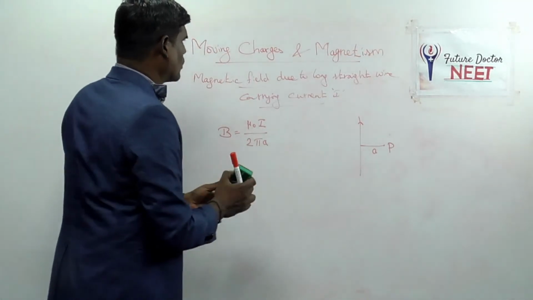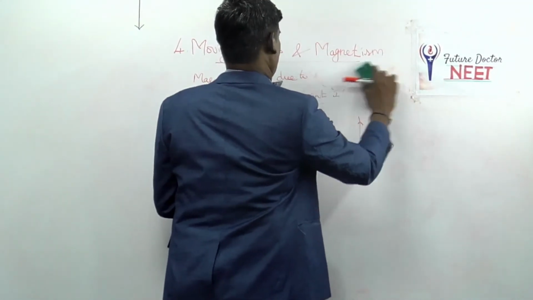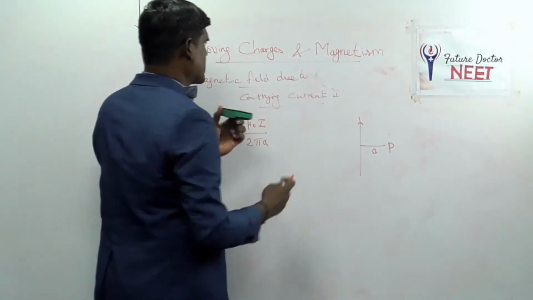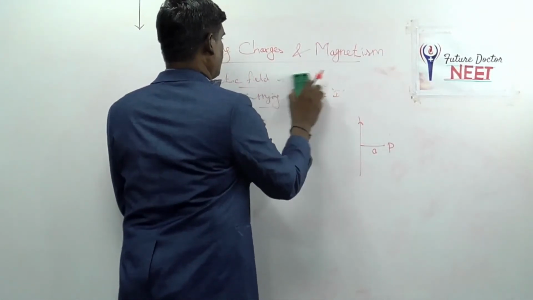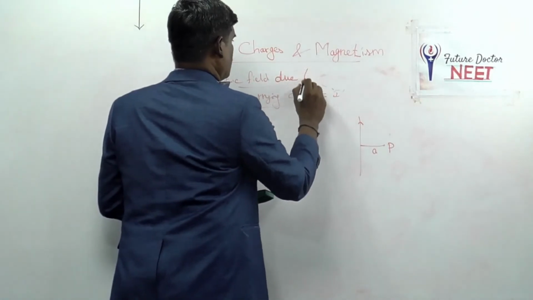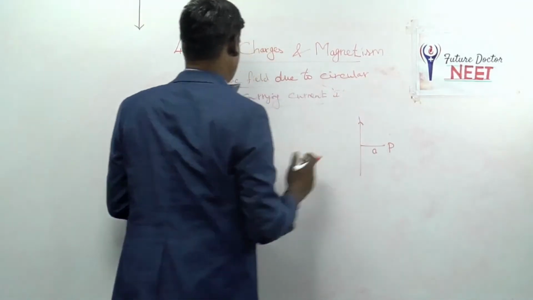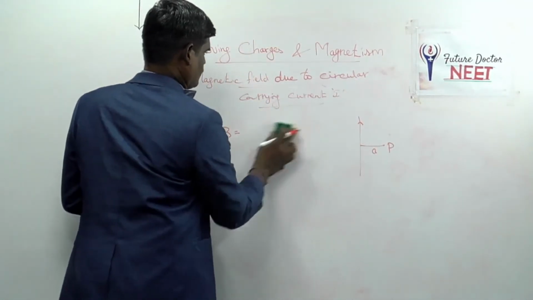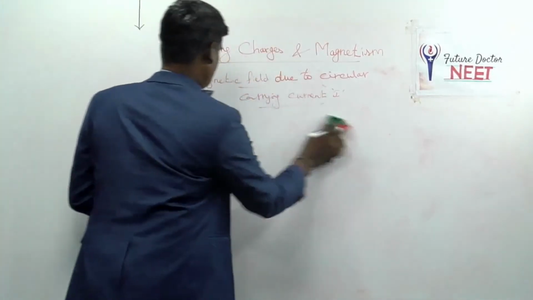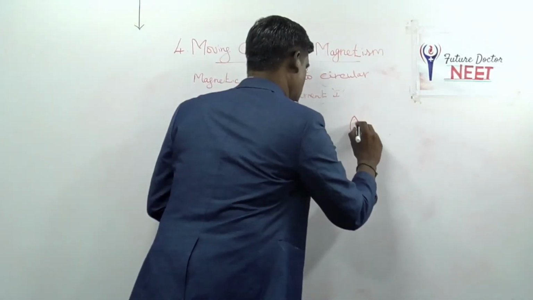Next topic. Magnetic field due to a circular coil carrying current I. This is a circular coil.